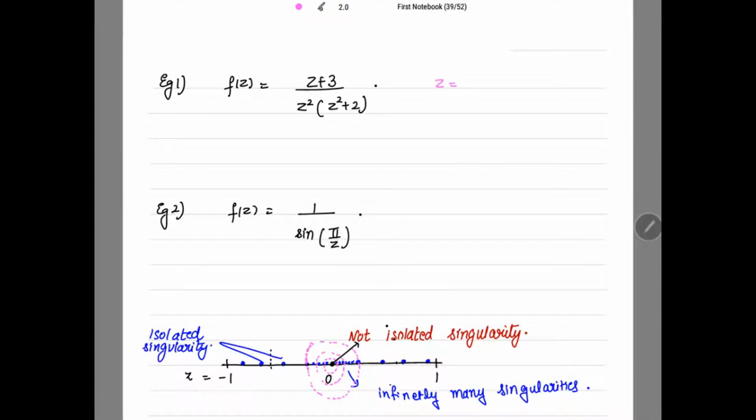Yes, z equal to 0, and put z square plus 4 equal to 0, you get z equal to plus minus 2 iota. Very good. So I have 3 singular points, or 3 singularities, right?